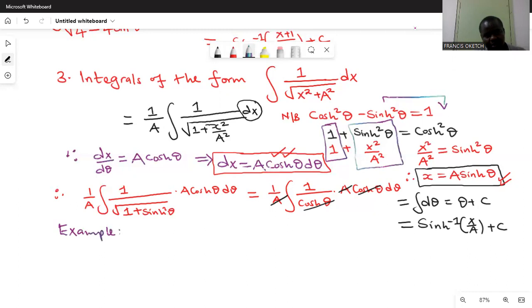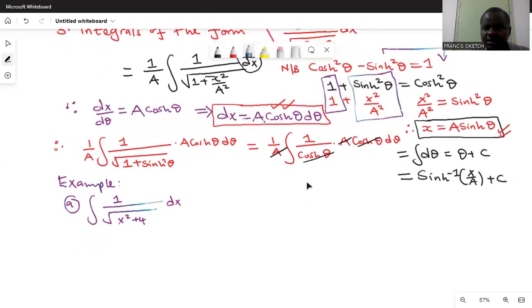Let's say you are asked to evaluate this, let me call it part A. You are asked to evaluate the integral of 1 over the square root of x squared plus 4 dx. How do you go about this one? Again, it is in the form of the integral that we have just discussed.